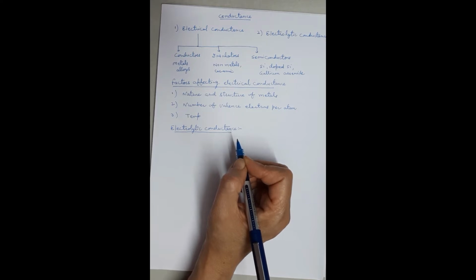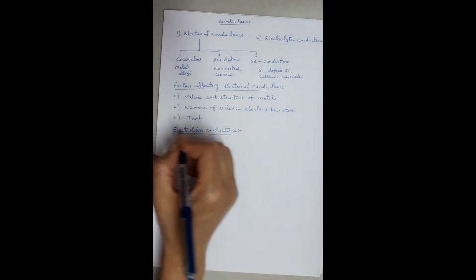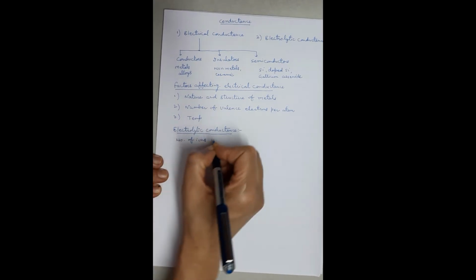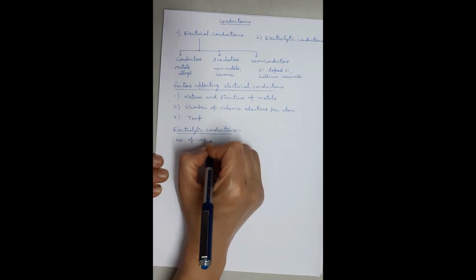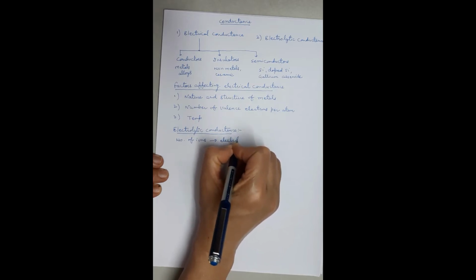I can say that the number of ions present in the solution, due to the freedom of movement of these ions, electrical conductance happens. So the number of ions present in the solution are responsible for electrolytic conductance.